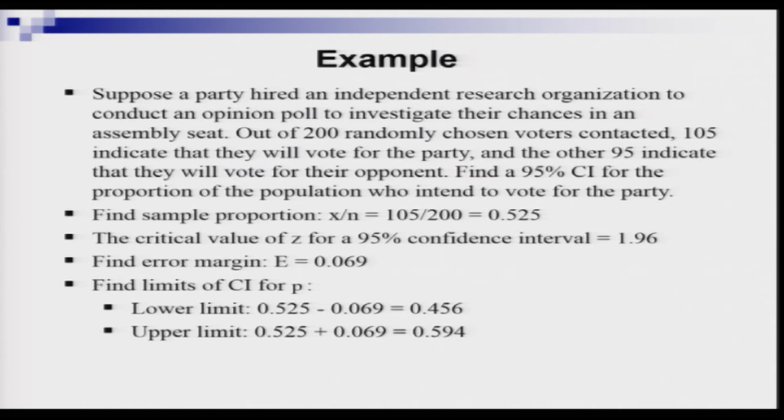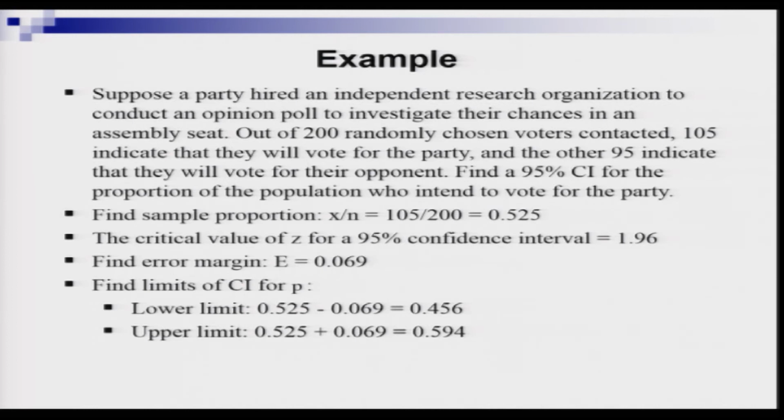To start, that organization has collected 200 randomly chosen voters and surveyed them, and out of this 105 indicated that they are going to vote for that party, and the other 95 indicated that they are going to vote for the opponent party.